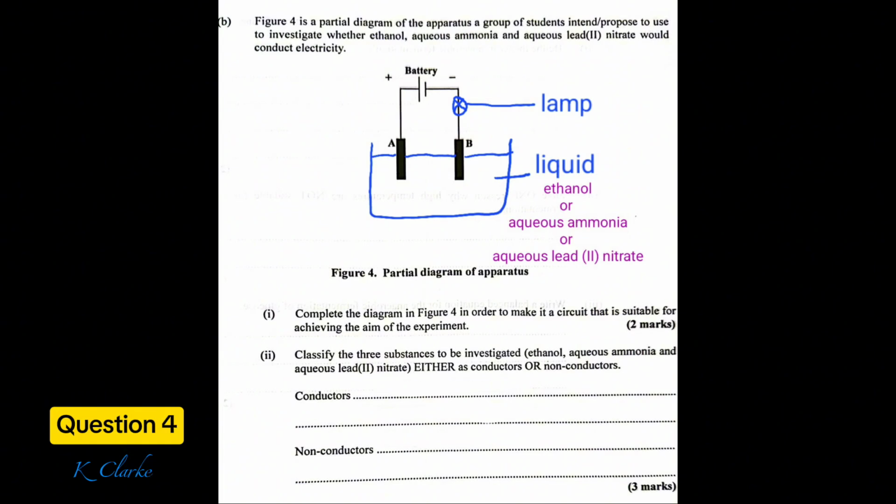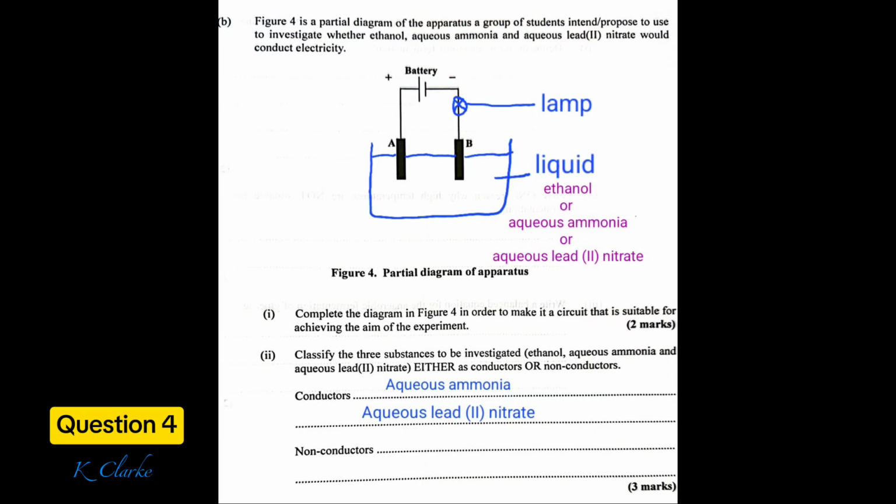Conductors will be aqueous ammonia and aqueous lead-2 nitrate. Aqueous ammonia and aqueous lead-2 nitrate are conductors because ammonia and lead-2 nitrate, when dissolved in water, have free mobile ions to conduct electricity.